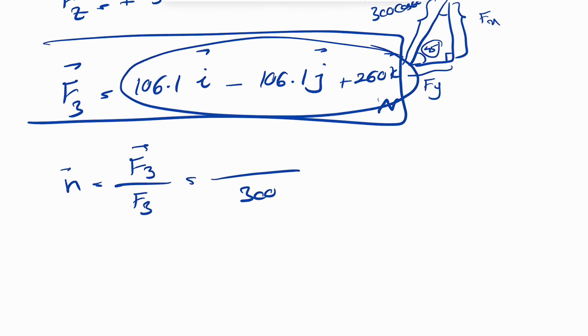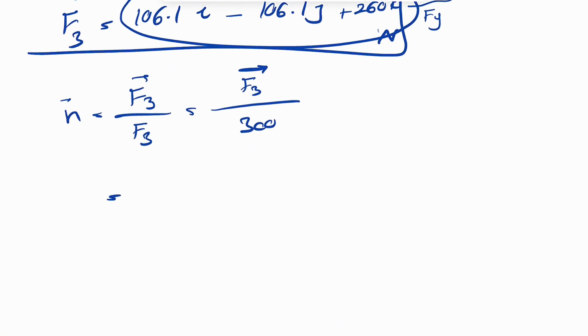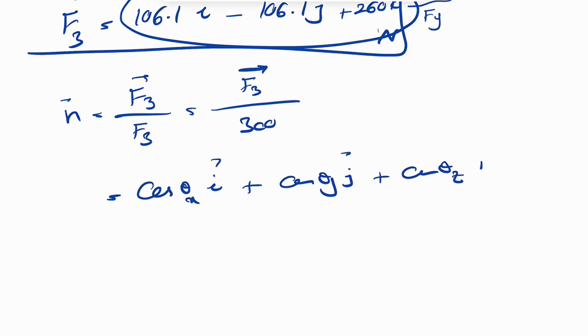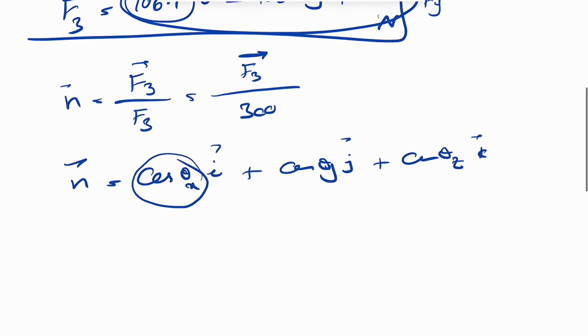At the end, the unit vector is going to be equal to cosine of theta x for i plus cosine of theta y for j and cosine of theta z for k. This is also a unit vector. So for each of these, we just have to divide each component by 300.